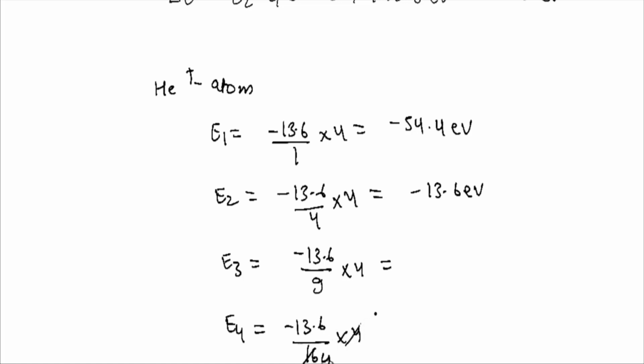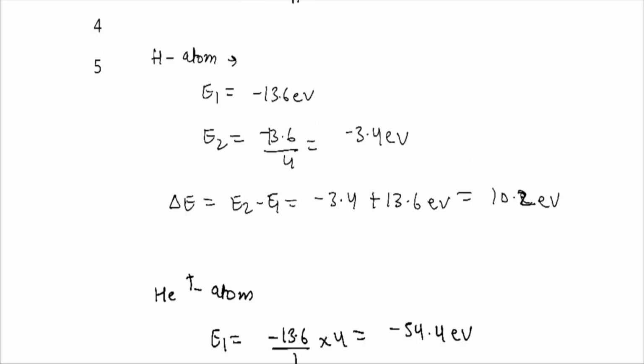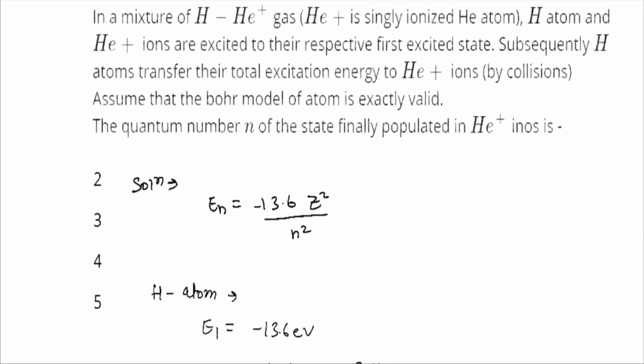So this will cancel out. On solving, we will get minus 3.4 electron volt, and for E3, minus 6.04 electron volt. So it means the transition is up to the 4th energy level. So the quantum number n of the state finally populated in helium plus ions is 4. So option 3rd is our correct option, which means 4 is the correct answer.